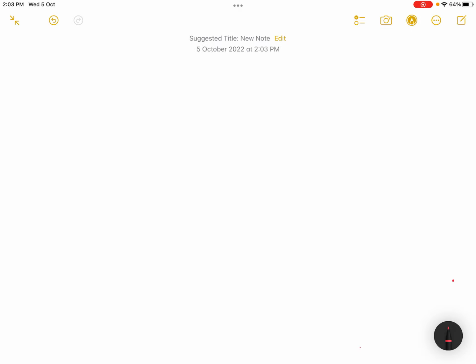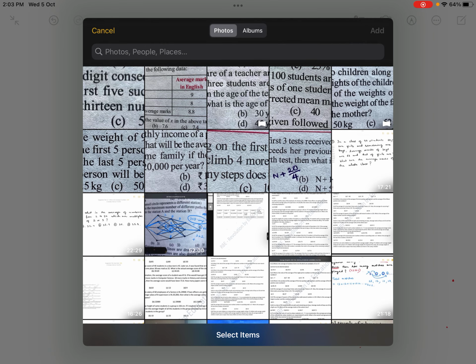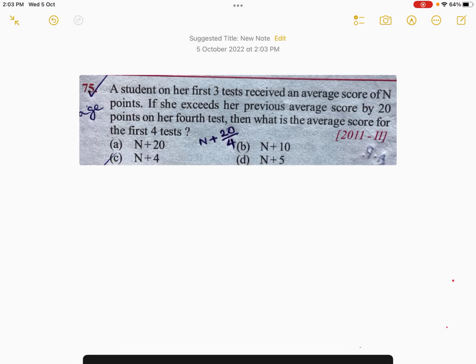I think we are left with just one more question. A student on her first 3 tests received an average score of n points. So the total score will be 3n.